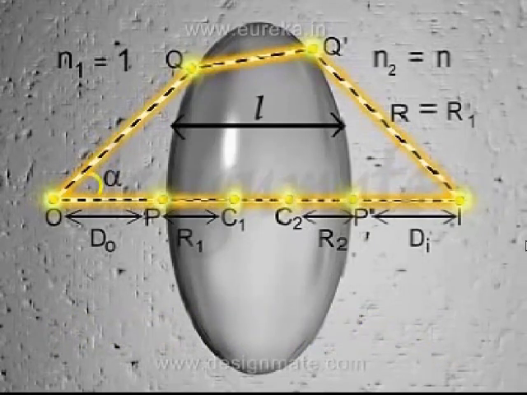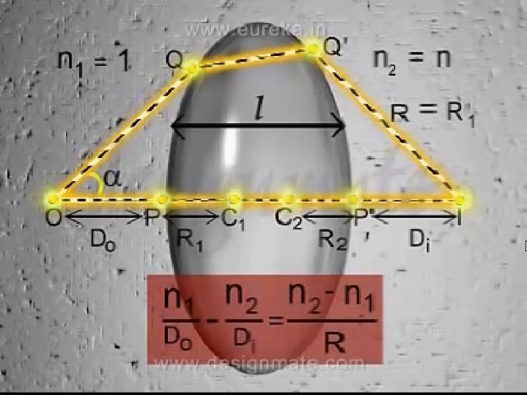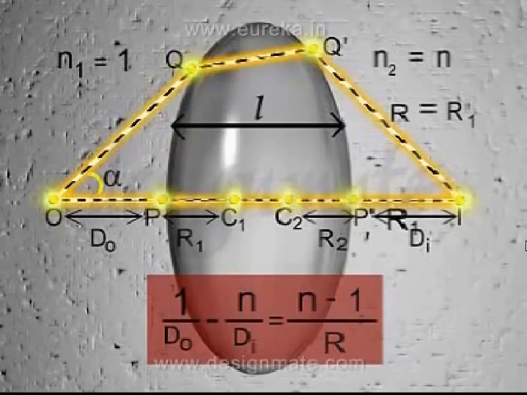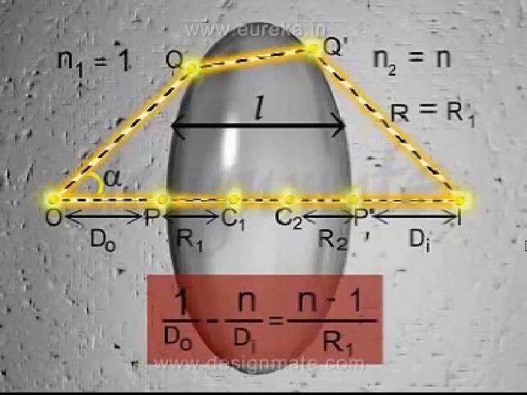Substituting these values in equation, we get 1 upon DO minus n upon DI is equal to (n minus 1) upon R1.